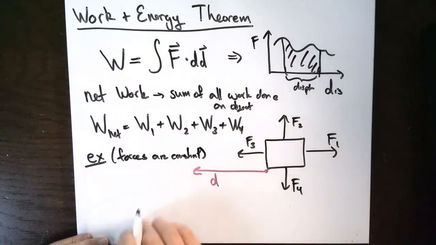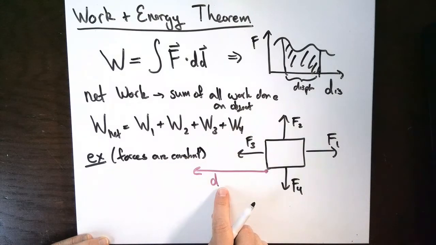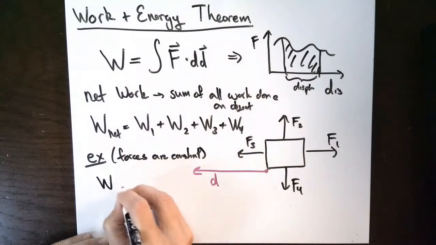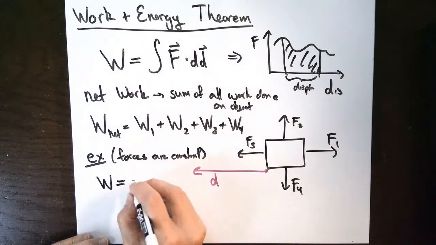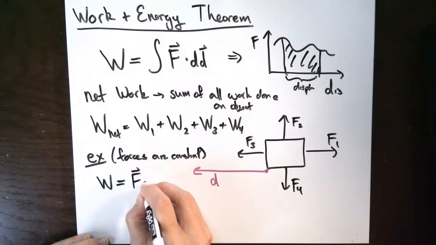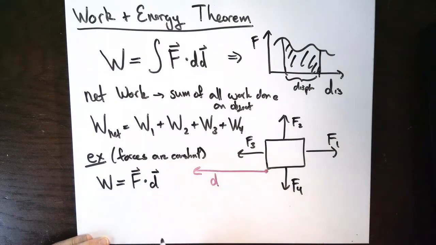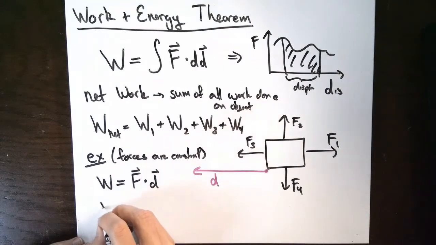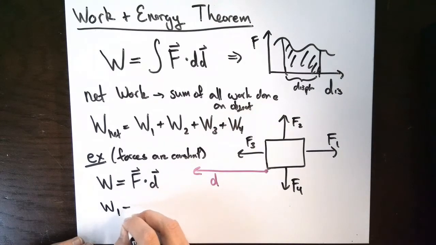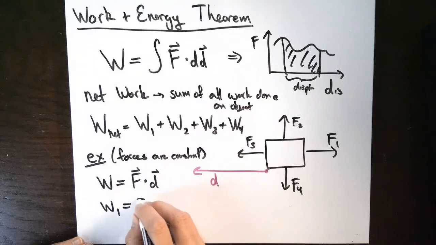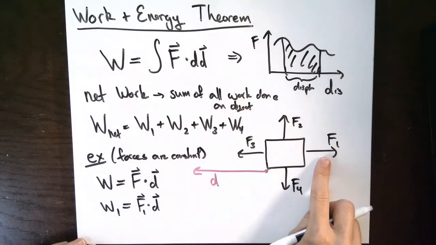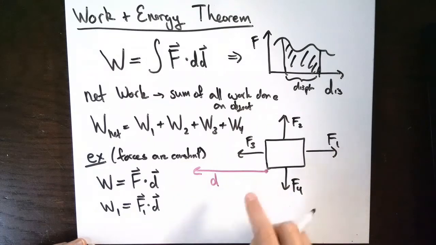And if the forces are constant and the displacement's in a straight line, then this integral is nice and easy to do. So here the work for each of those forces is going to be the force dotted with the displacement vector. So let's go through and figure out each of them. All right, work 1, that is going to be force 1 dotted with the displacement vector, and force 1 is headed off in that direction and the displacement vector is headed off in that direction.